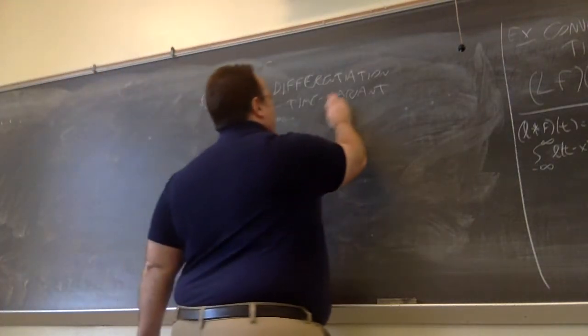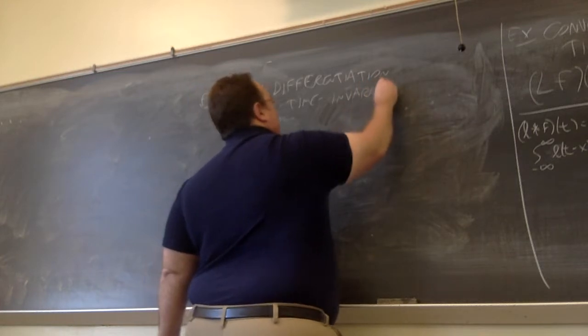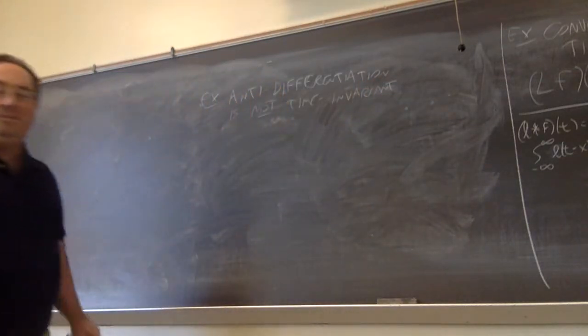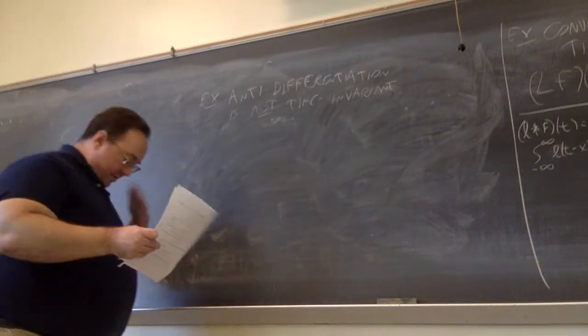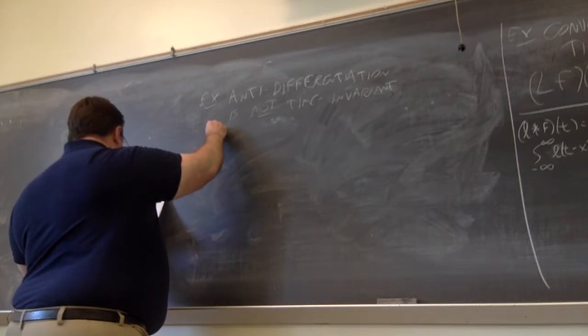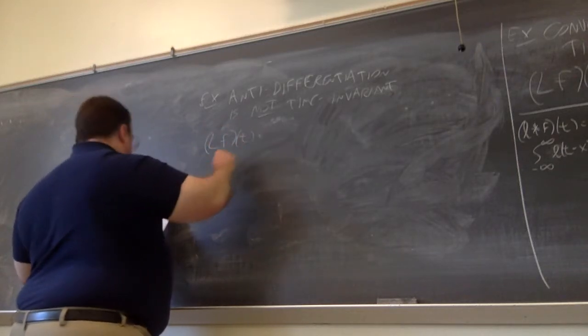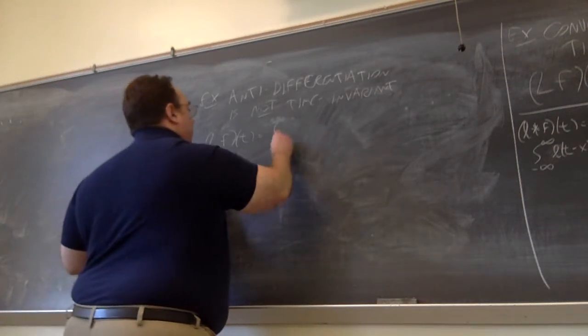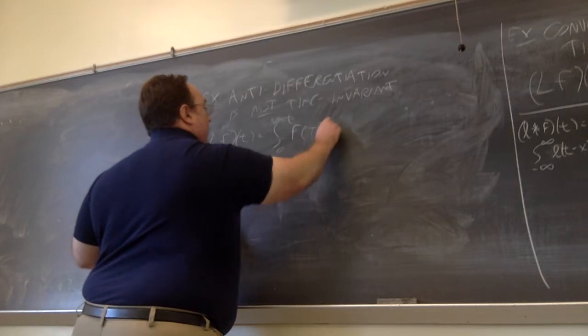It is time variant, but that's not an actual term. Now, the definition of my filter, L of t, is the integral from 0 to t of f of tau d tau.